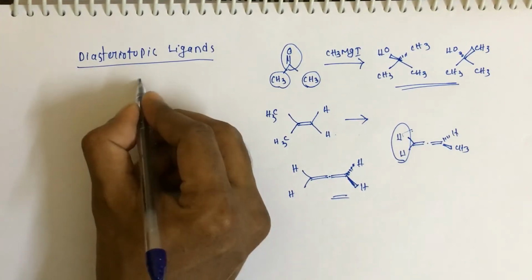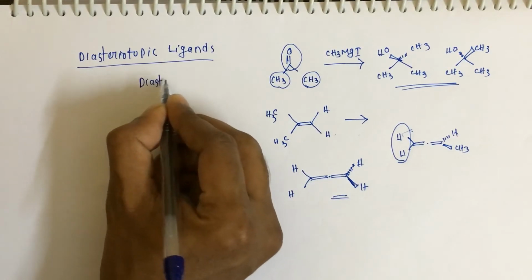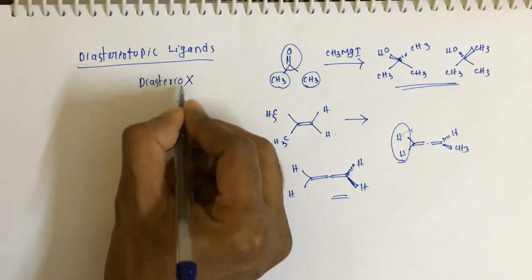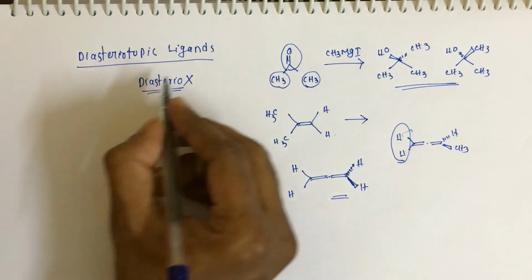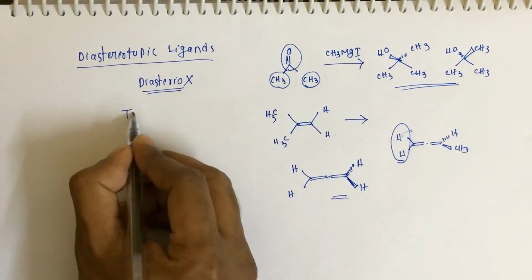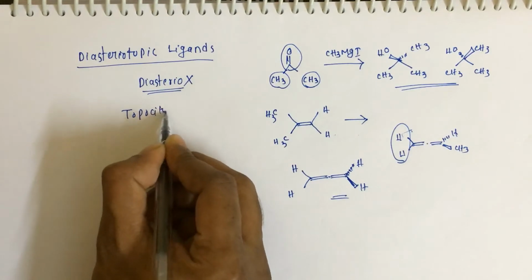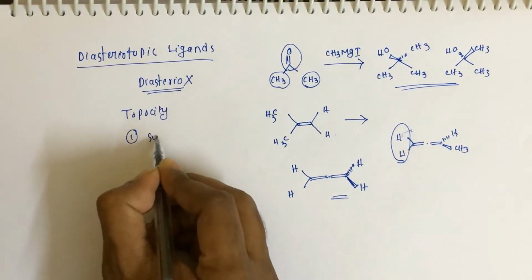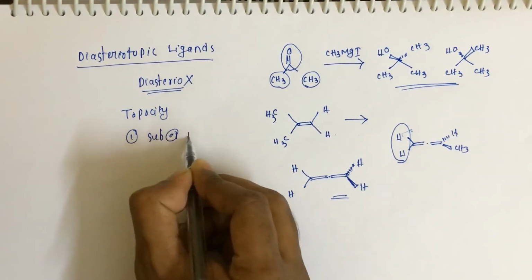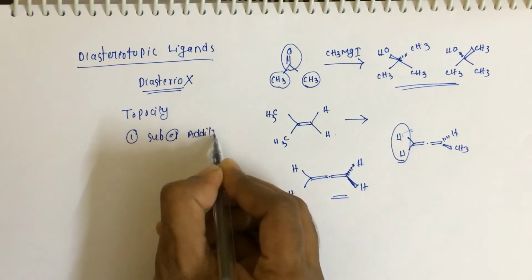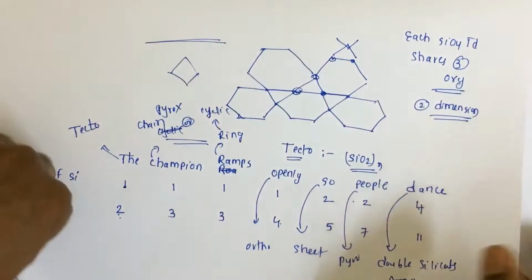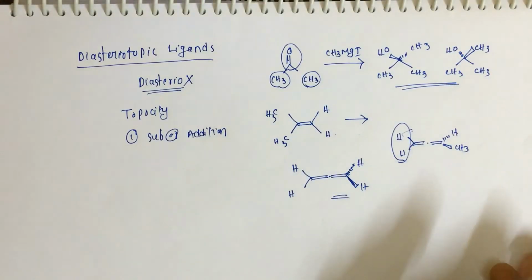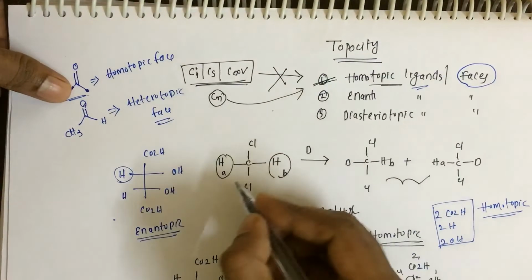We know what diastereomers are. Diastereomers means they will not show any kind of symmetry. There is no symmetry. Generally, this topicity we identify in two ways. The first one is substitution or addition, like what I have done before. So this is a substitution.